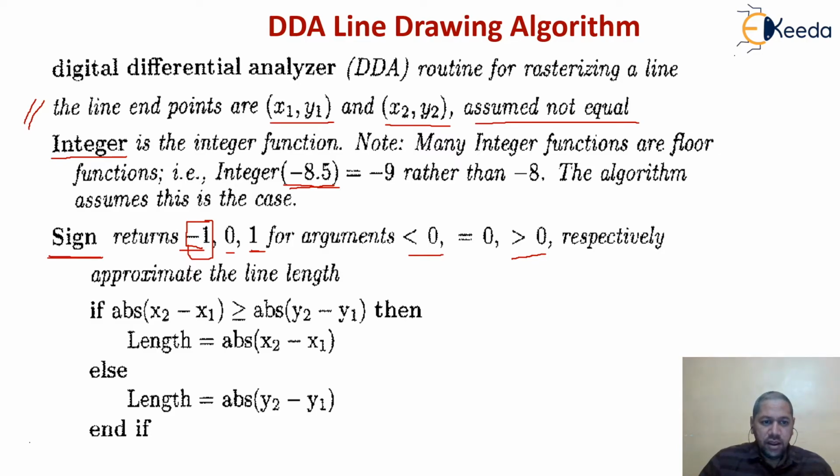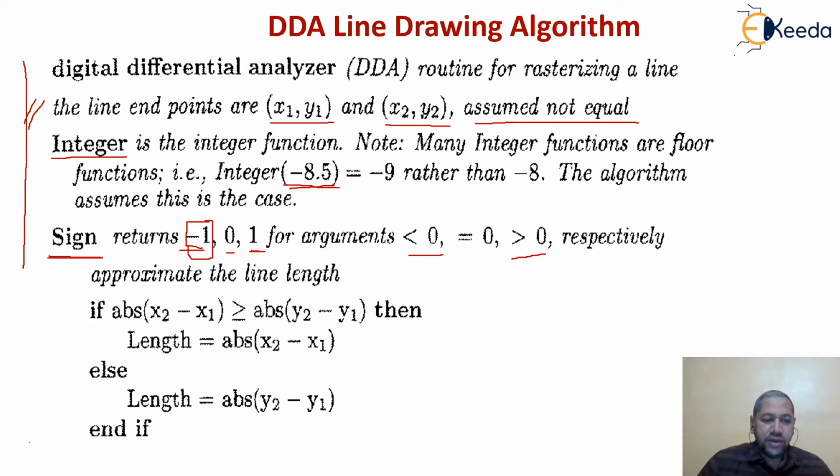So in this DDA algorithm, the initial calculation indicates that I have x1 y1 as my starting point and x2 y2 as my end point. I have the integer function, which gives me the integer value. Integer functions are floor functions; here we not only truncate the floating part but round it up to the next value.